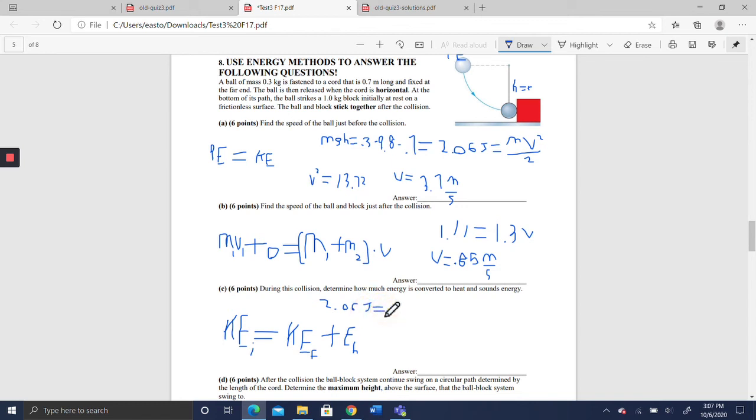And then we set that equal to EF, which is our ending kinetic energy.